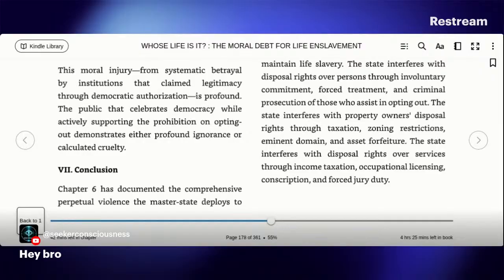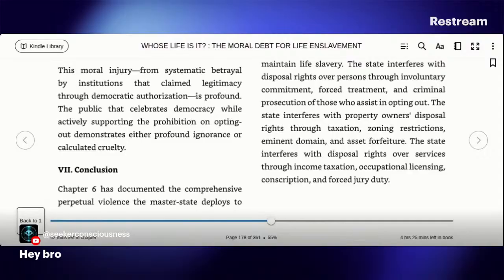Chapter 6 has documented the comprehensive, perpetual violence the master state deploys to maintain life slavery. The state interferes with the disposal rights of a person through involuntary commitment, forced treatment, and criminal prosecution of those who assist in opting out. The state interferes with property owners' disposal rights through taxation, zoning restrictions, eminent domain, and asset forfeiture.